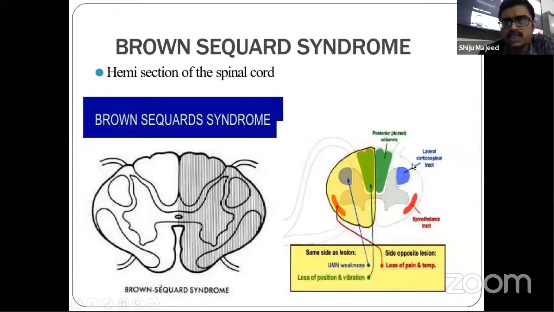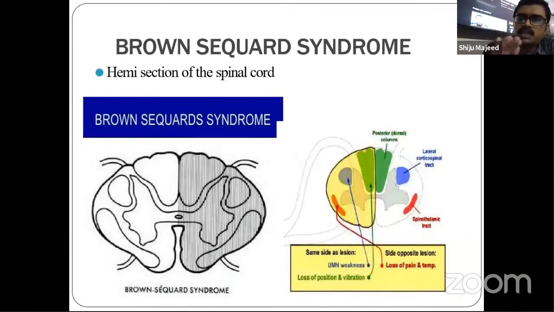Then we have the lateral corticospinal tract, otherwise known as the pyramidal tract, which controls the motor part of the body. Then we have the spinothalamic tracts, the anterior and the lateral. The lateral spinothalamic tract carries pain and temperature, while the anterior spinothalamic tract carries crude touch. So you should remember each of these.